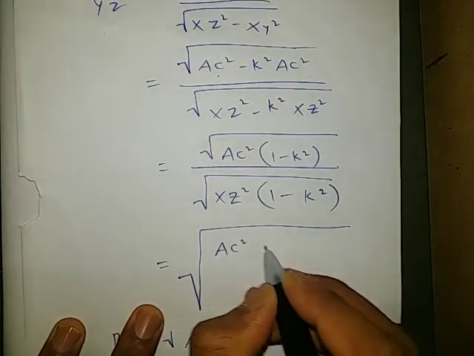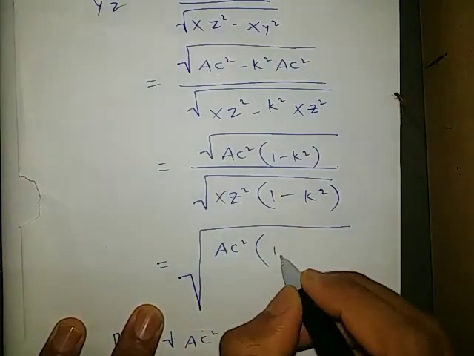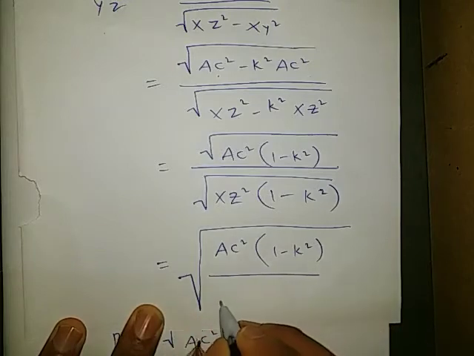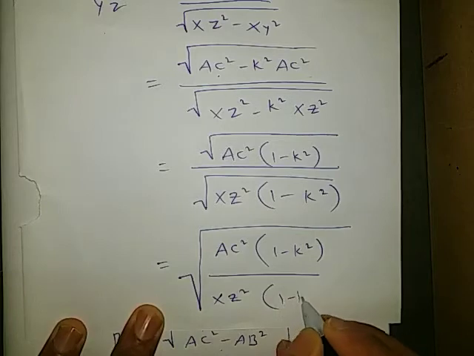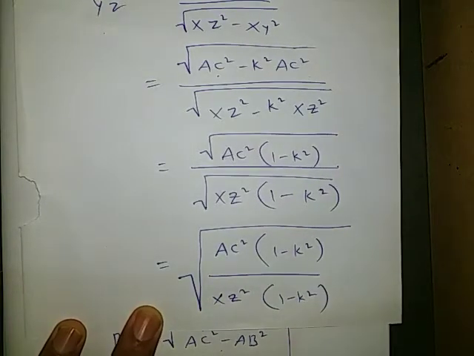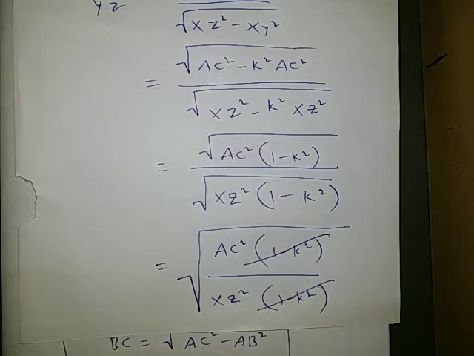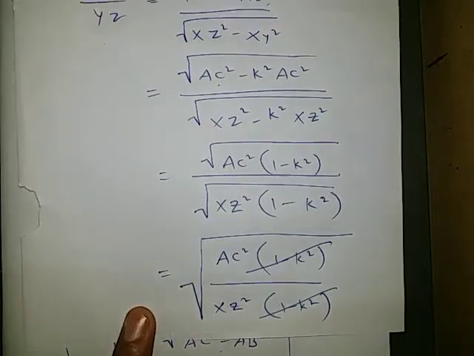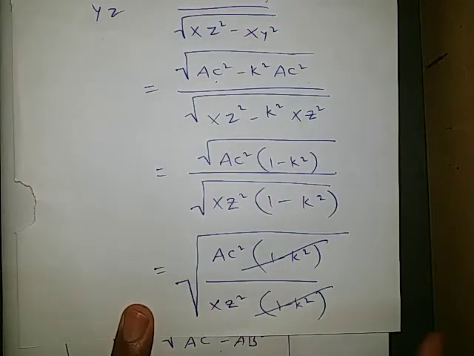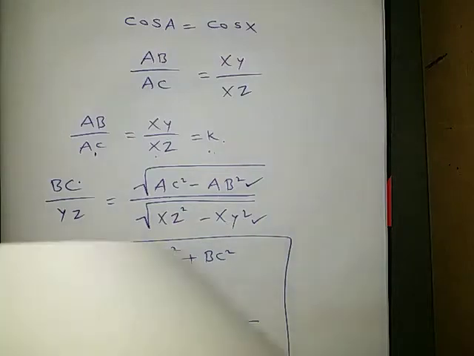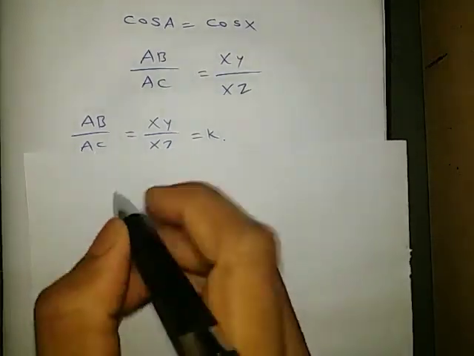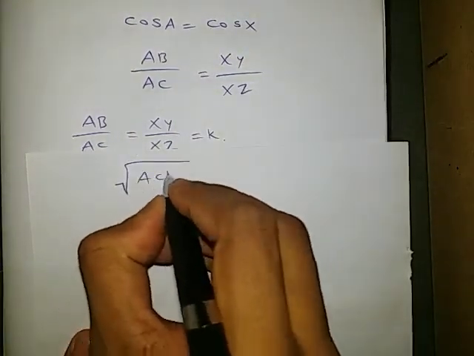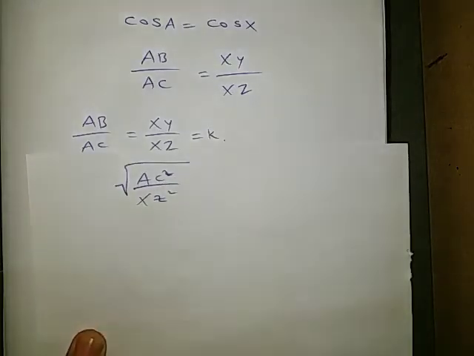So we have AC square into 1 minus K square divided by XZ square into 1 minus K square. The 1 minus K square in the numerator and denominator get cancelled, so we remain with under root AC square by XZ square.